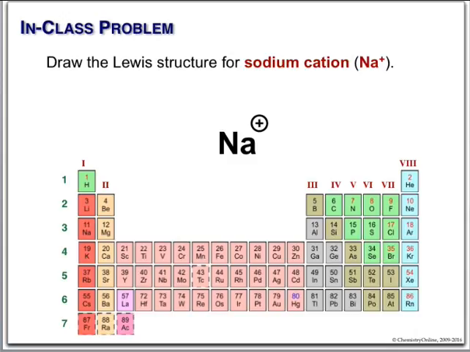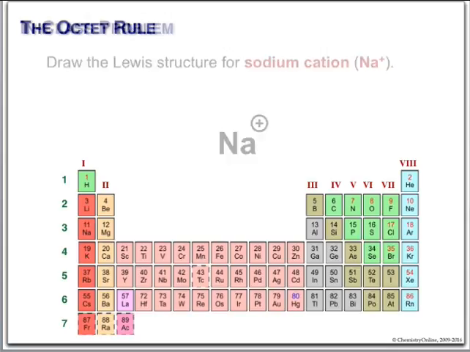Now, I hope you've noticed what we've been doing here. We start off with elements that are somewhere here in the periodic table, and we're either removing electrons or adding electrons so that we get over here to group 8.